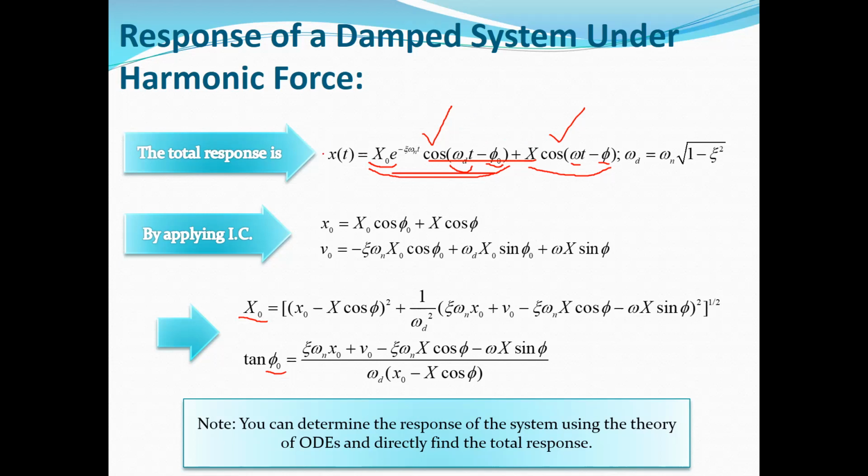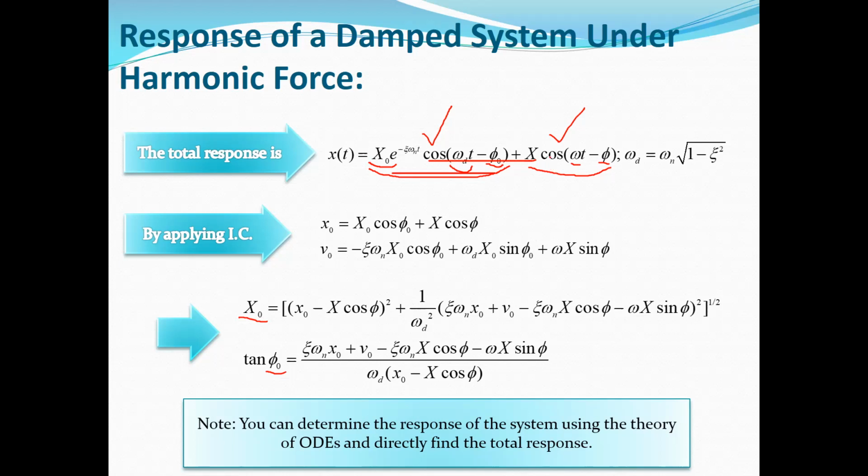And for the particular response, based on the form of the non-homogeneous terms, we can predict the general form of the particular response. For example, when the excitation is cosine omega t, the particular response is a combination of cosine omega t and sine omega t.